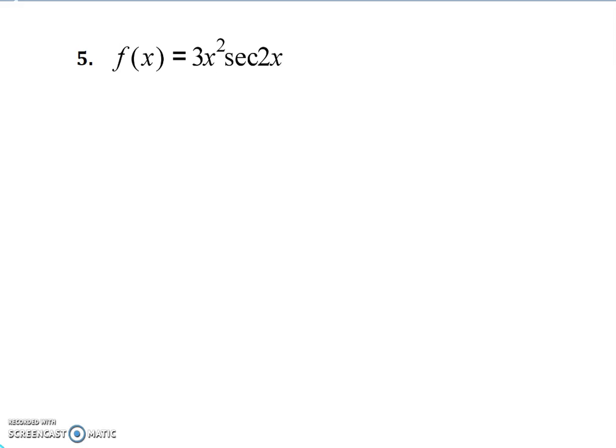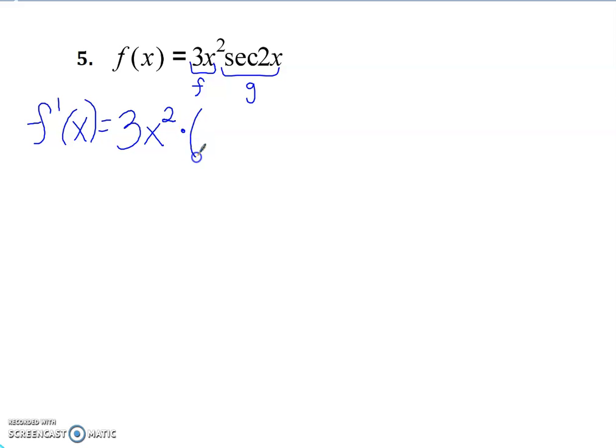Okay, so for this one, we are having to do the product rule here, and it's going to involve a little bit of the chain rule too. So I'm going to treat this like F and this like G. Remember with the product rule, we leave that first function alone, and I'm going to multiply it by the derivative of the second. That one will have some chain rule in it. So the derivative of secant is secant x tan x.